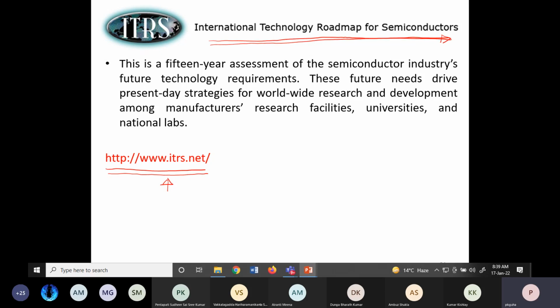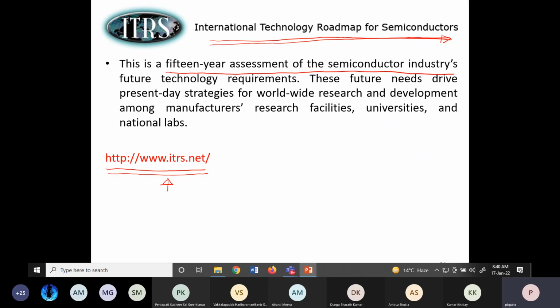if you go to their site, you will see that this is an organization which basically predicted a 15-year assessment of the semiconductor industry. If they predict today, they will predict for 15 years how the semiconductor industry will progress in the next 15 years.